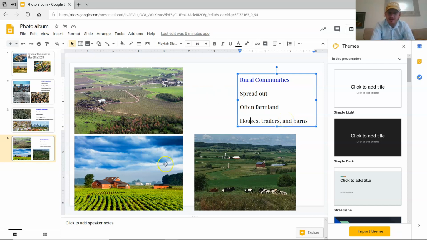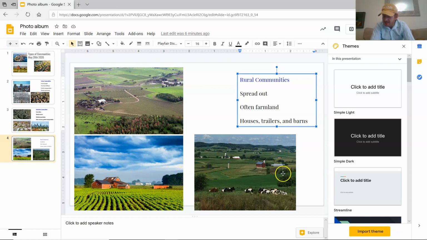And so I have some pictures here of a rural community. So here you can see here's a house, and the next person lives so far away you can barely even see it. Here you can see again how spread out it is. And all of this is farmland where they're growing things that we eat. And then this is another picture.